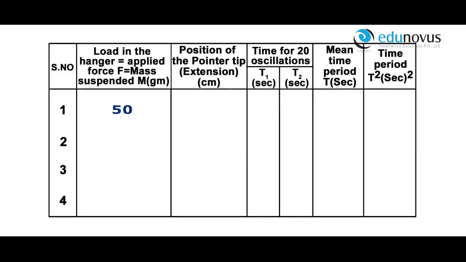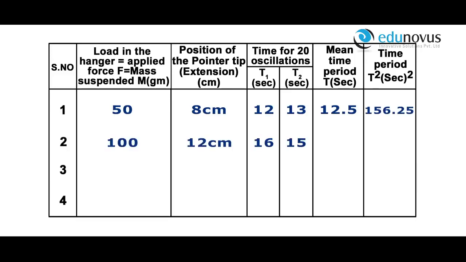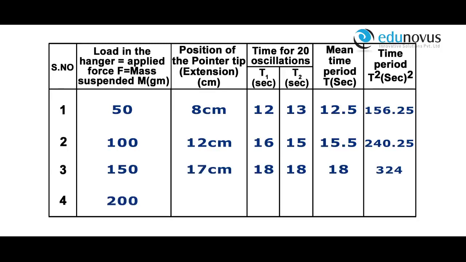For a load of 50 gram, the position of the pointer is 8 centimeters and the time taken for 20 oscillations T1 is 12 seconds and T2 is 13 seconds. Therefore, the mean time period T is 12.5 seconds and the corresponding time period square is 156.25. Similarly, the values for the load of 100, 150 and 200 grams are as follows.